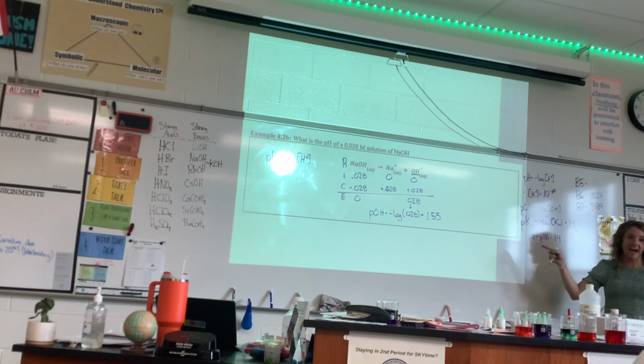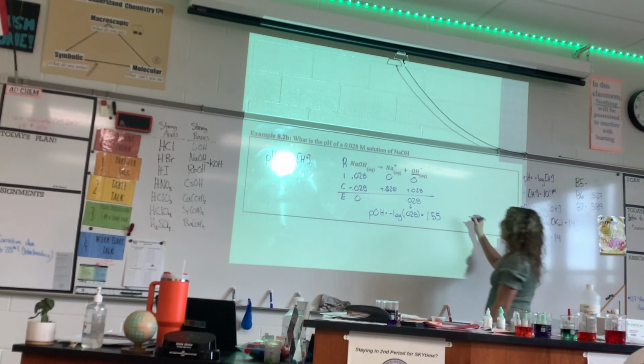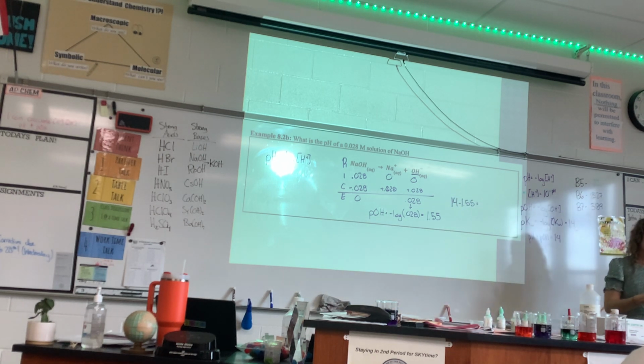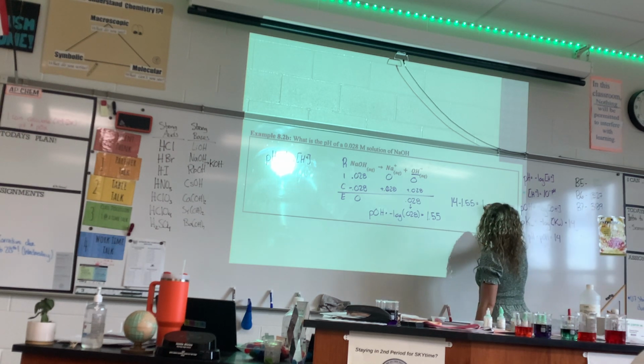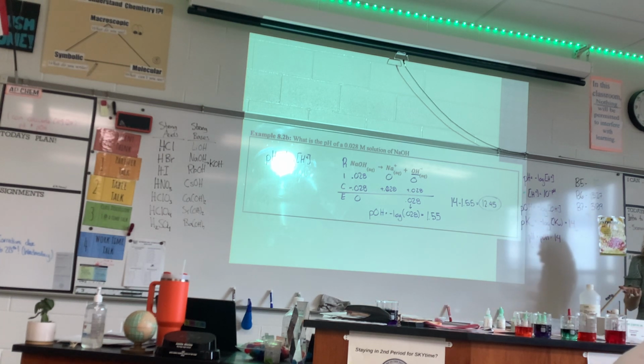But I don't want to circle that, because the problem wants to know my pH value. And so then I can just do 14 minus that to get to my pH. Was that 12.45? 12.45. Which, is that a logical pH for a base? That's correct. Yes.